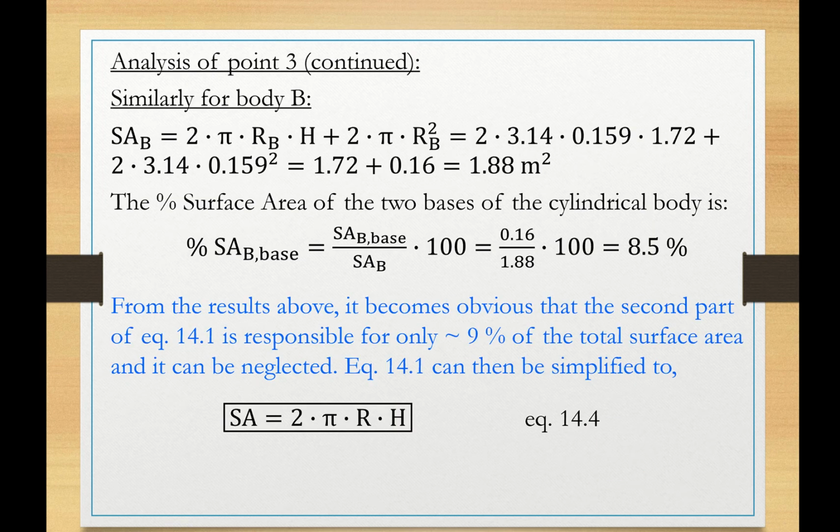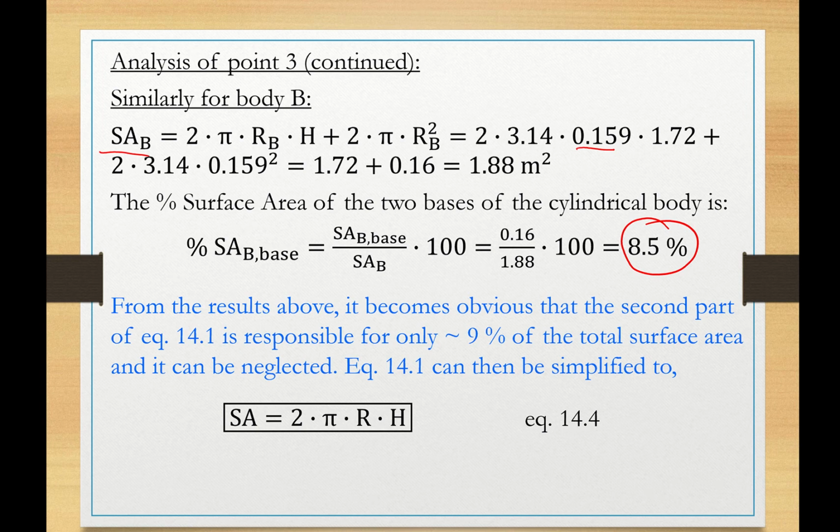And when I did that with cylinder B, which had the smaller radius, the percent surface area of the two bases was 8.5%. Since it is less than 10%, for the time being we can just neglect those two, so eliminate them from our equation.